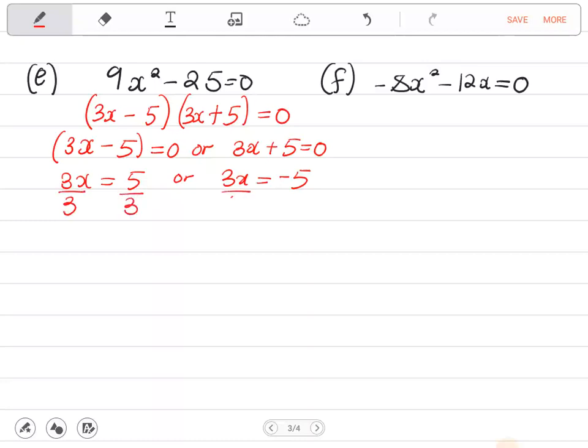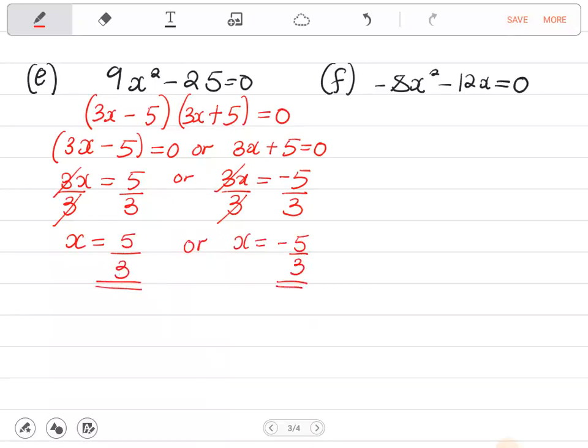We eliminate. What do you mean? x is 5 over 3, or x is negative 5 over 3. These are the solutions to that.